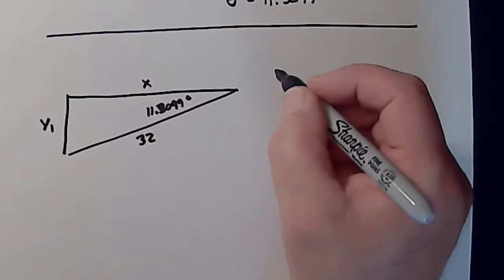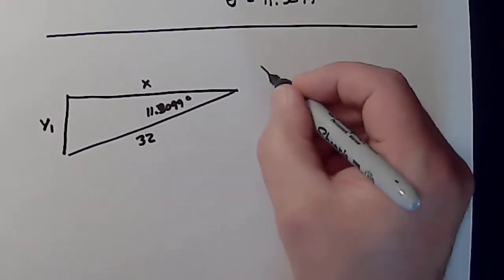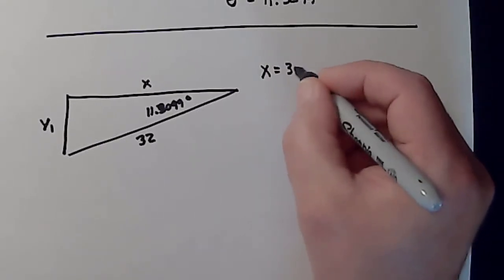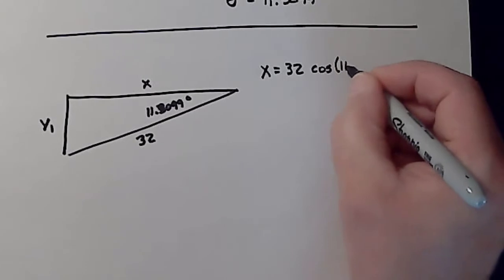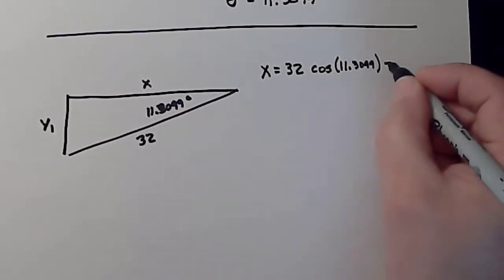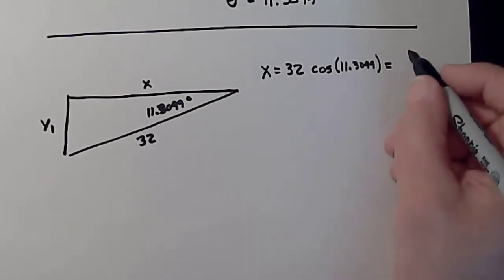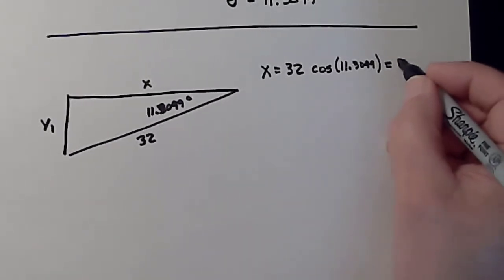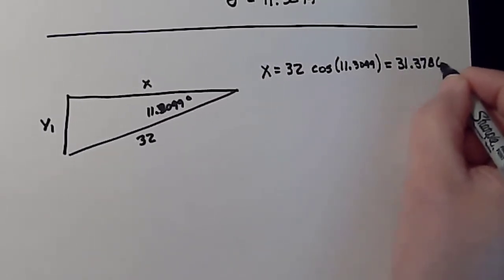Based on the simple relationship between cosines and hypotenuses, x equals 32 times the cosine of 11.3099, and that equals 31.3786 meters.